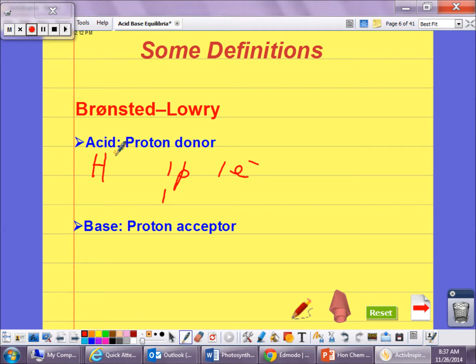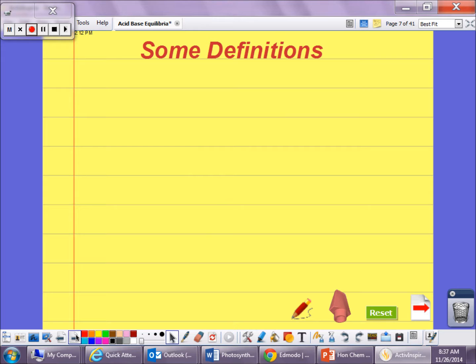So if we have an H plus, we don't have that electron. The only thing you really have left is a proton. So when we say a proton donor, it really means a hydrogen ion donor. The same thing. So we will be using those 2 terms interchangeably, proton and hydrogen ion.